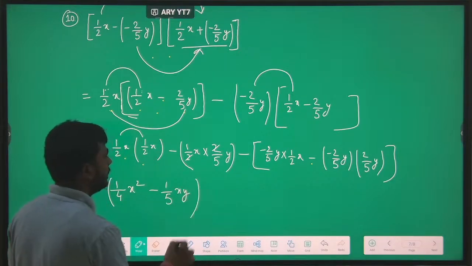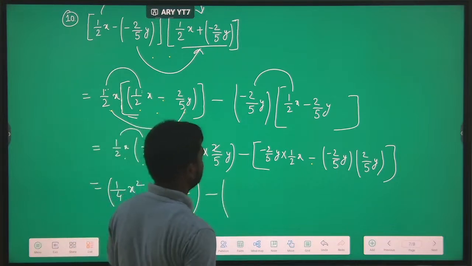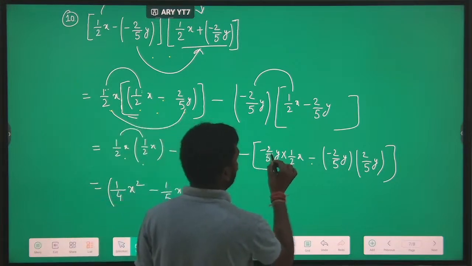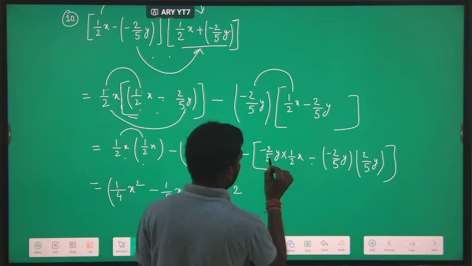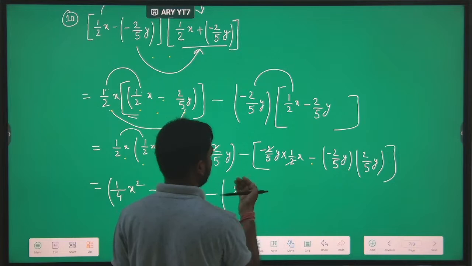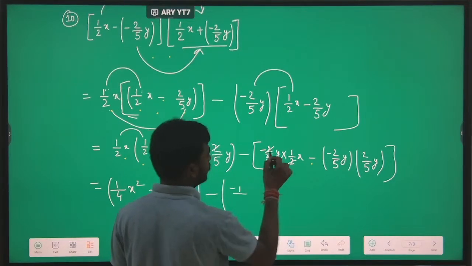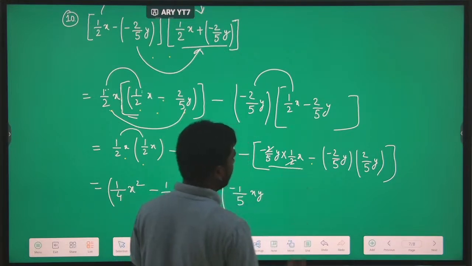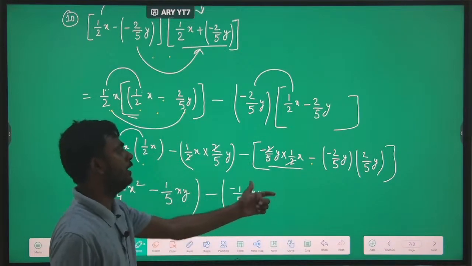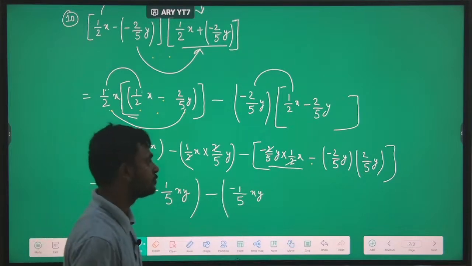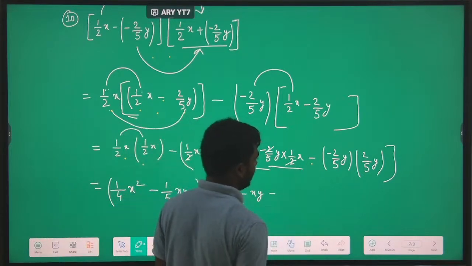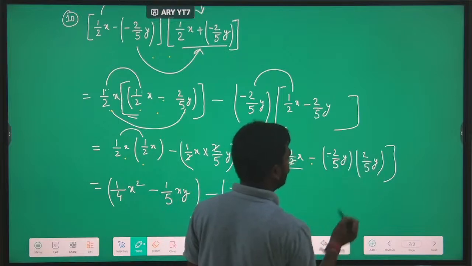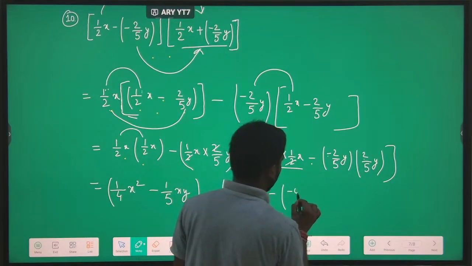So we are getting these two terms. Minus, what are we getting? 2 into 1 as 2, 5 into 2 as 10. So this 2 and 2 will be cancelled. So we will get minus 1 into 1, minus 1 upon 5 xy. Okay. Here it is minus. This minus 2 into 2 will be minus 4 upon 5 into 5 will be 25.